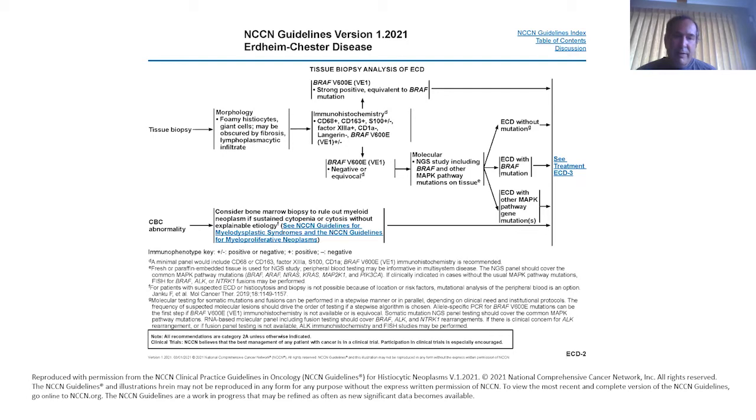When we have diagnostic tissue, there's several key tests that we like to perform. One is immunohistochemistry staining for the BRAF V600E mutation, which occurs in approximately 50% of cases. This test is not always so clear cut. There are situations where the BRAF testing is strongly positive, and I think all of us are comfortable saying that equates to a BRAF mutation.